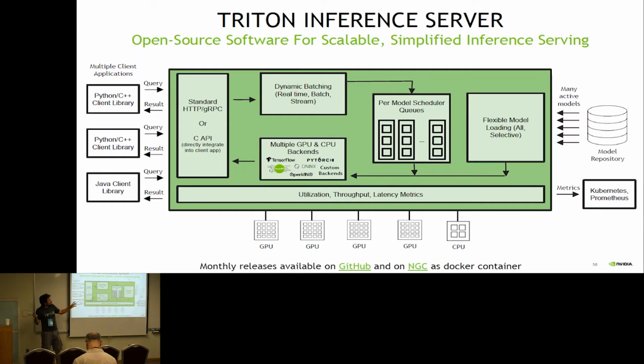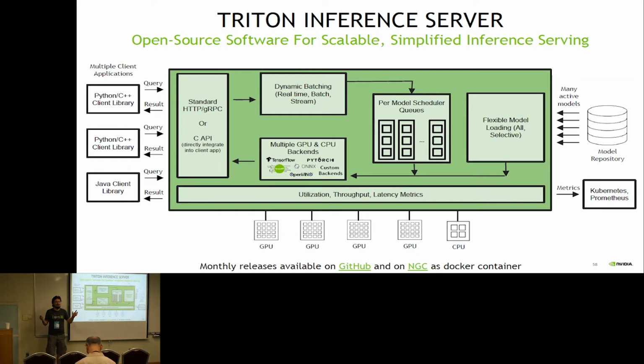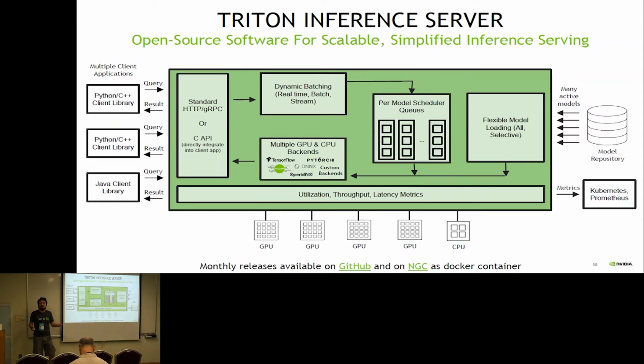All this happens with the models which are loaded from the repository. It's just a folder, and you can upload newer versions of the models into that folder, and Triton will update them on the fly. And the metrics are shared to Prometheus.